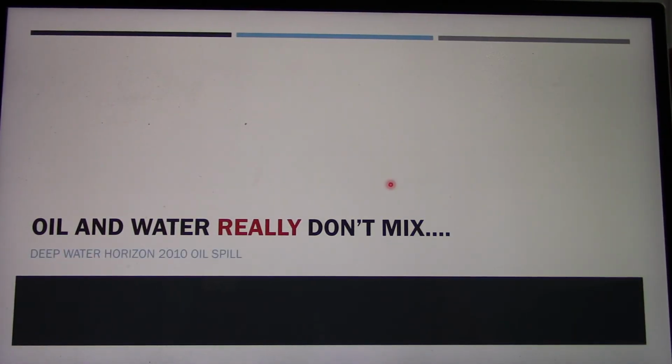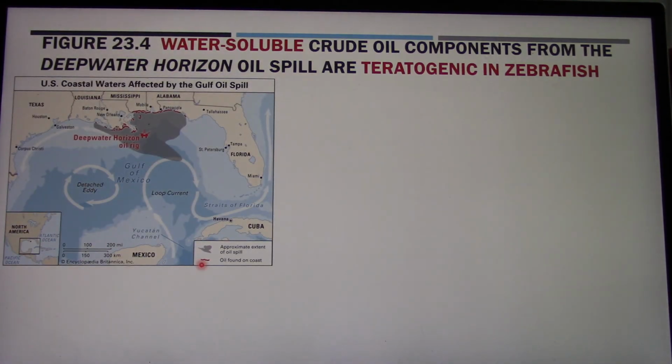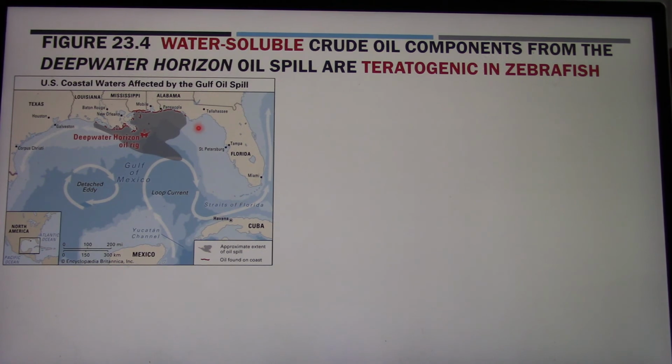So moving on to oil, and water really don't mix. Deepwater Horizon, the 2010 oil spill, which happened in our neighborhood, the Gulf of Mexico, and affected the coastlines of Louisiana, Mississippi, Alabama, and Florida, and Texas to some extent.